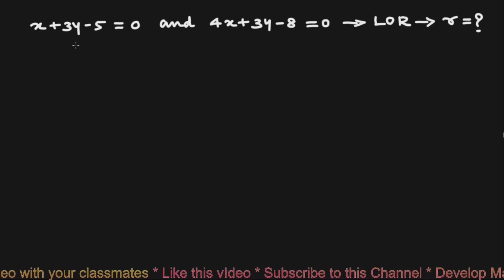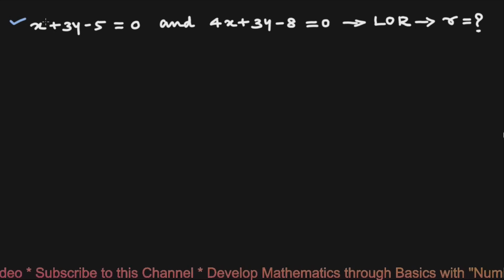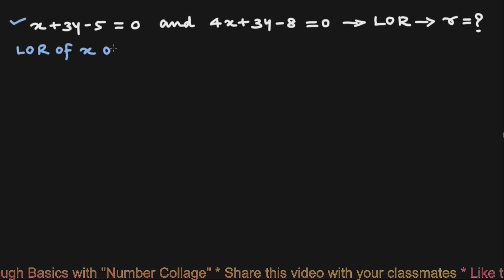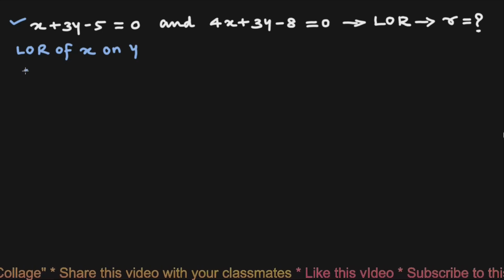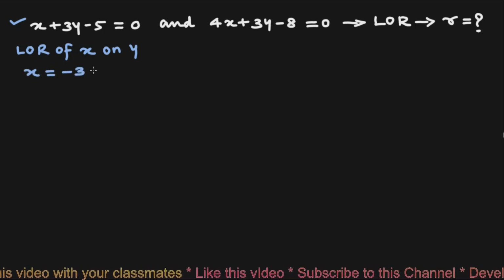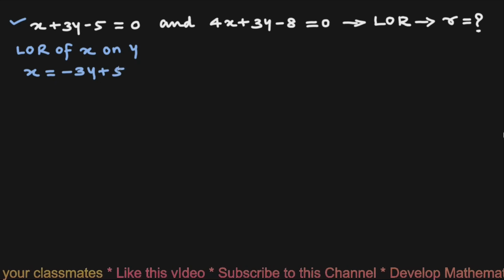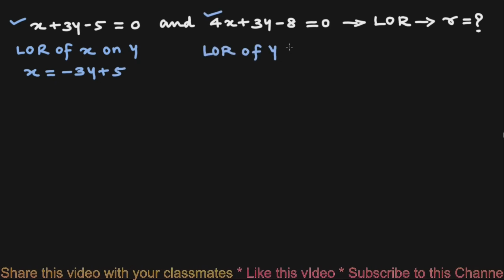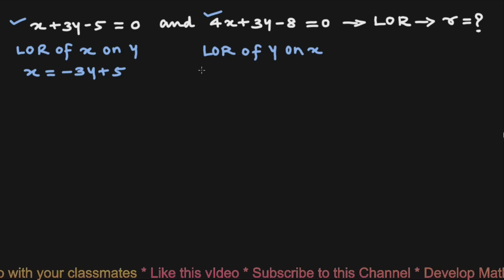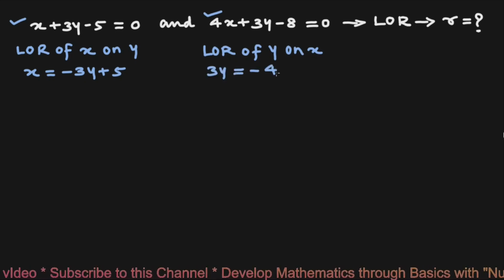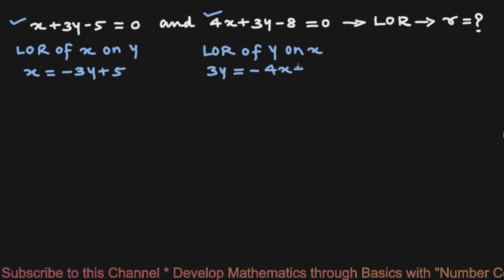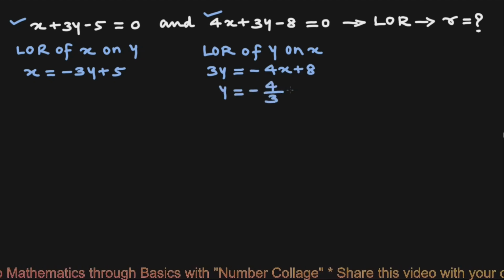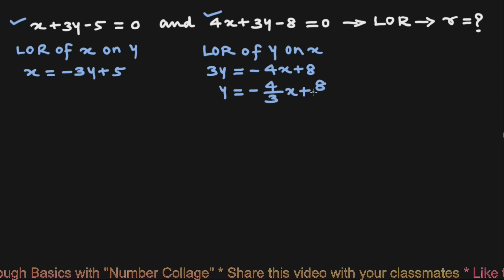First, we will assume this first line to be the line of regression of x on y, which will be written as x equals minus 3y plus 5, and the second line, the line of regression of y on x, can be written as 3y equals minus 4x plus 8 or y equals minus 4 by 3 x plus 8 by 3.